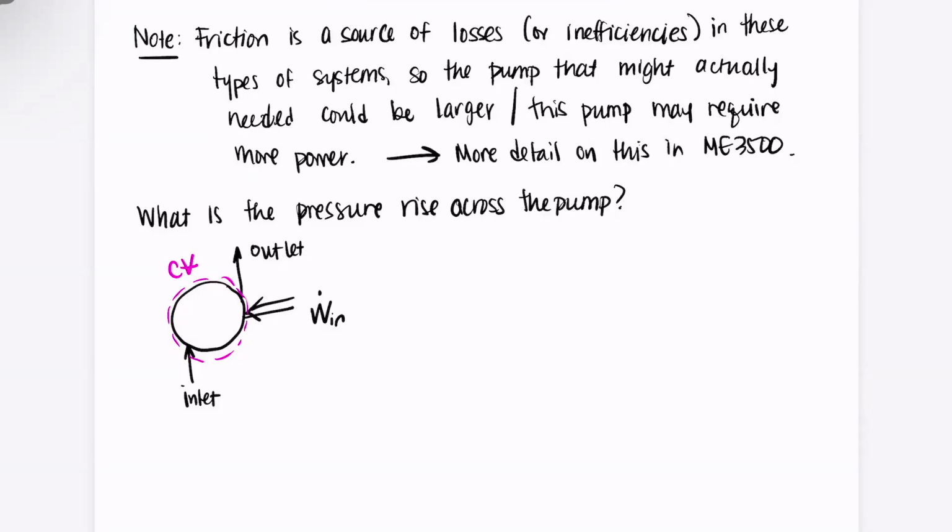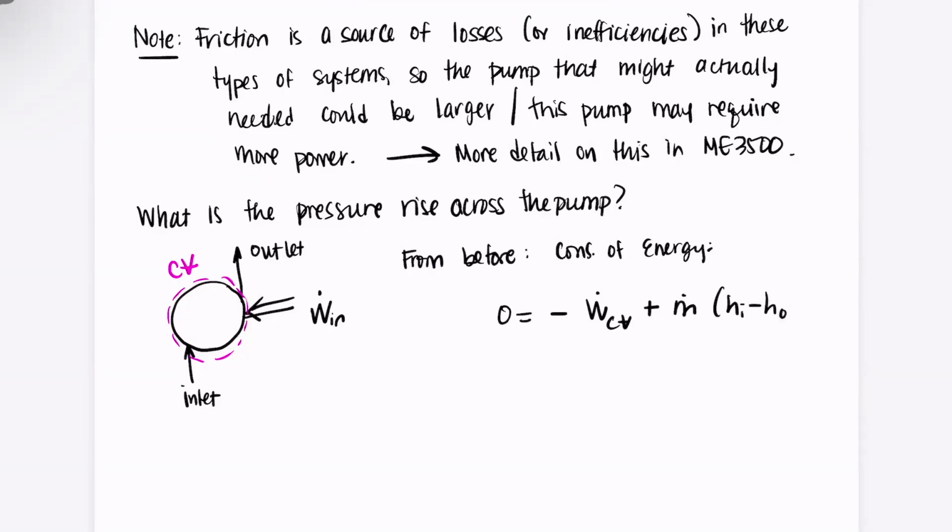I already have from before our conservation of energy: 0 = 0 minus W dot CV plus m dot (h_i minus h_o). I'm just replicating our conservation of energy with all the simplifications that we made before. If you remember that W dot CV is work out minus work in, then that means we have positive W dot in plus m dot (h_i minus h_o).